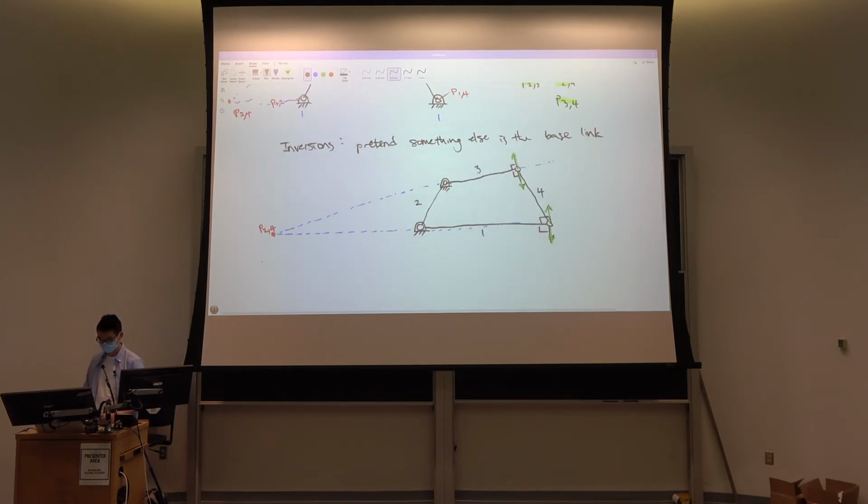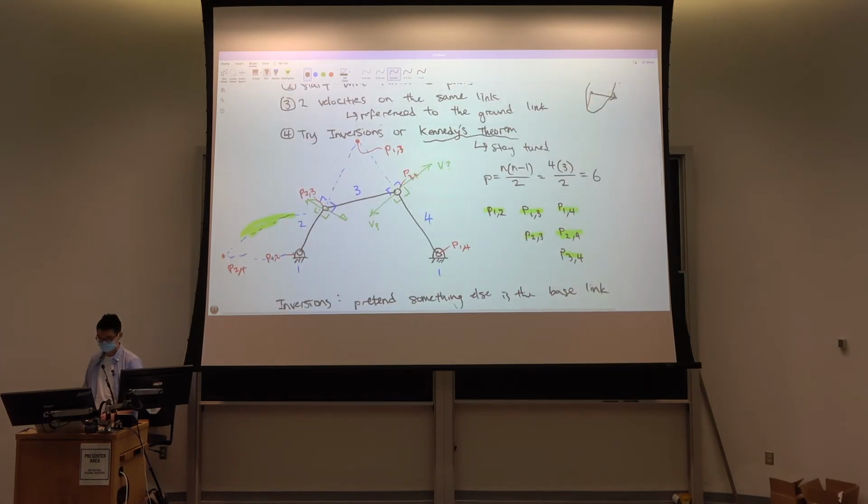Okay, so we're listing out the instance centers on the same line. Does anyone want to help me out here? What are some instance centers that lie on the same line? Yeah? P12 and P23.